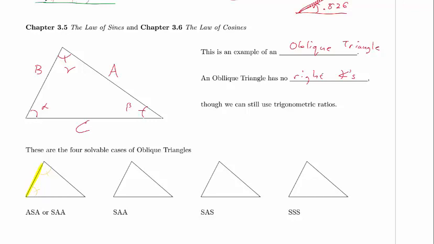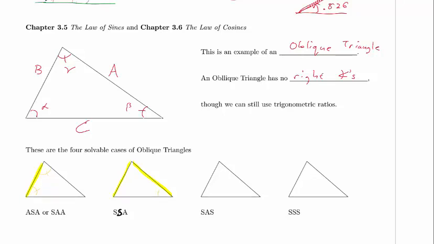The next one is side, side, angle. In this case, you have 2 sides, like so, and then you know one of the angles.